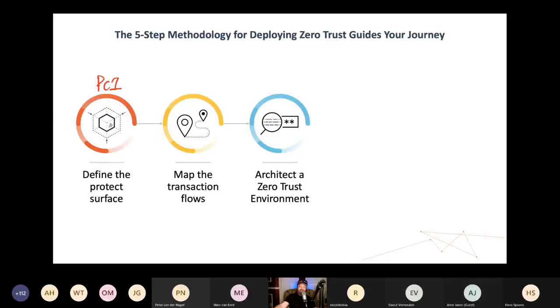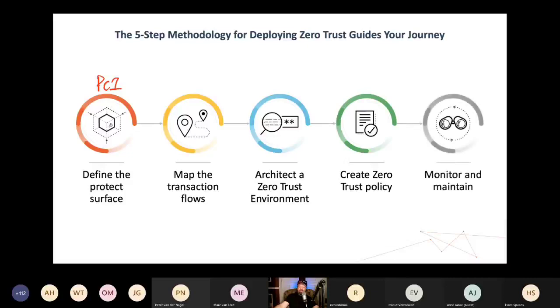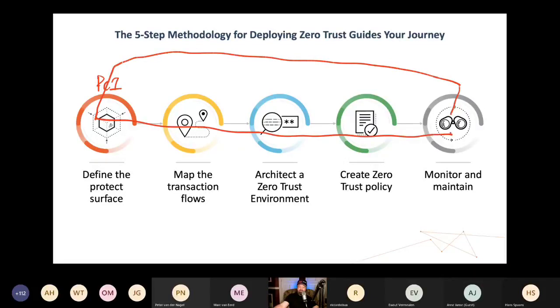No, you can't do that. You have to know what you're protecting before you know what controls need to be there. And then after that, we create the policy. Remember, I said zero trust is ultimately a layer 7 policy, and I'll talk a little bit more detail about that in a moment. And then finally, we monitor and maintain the environment so that we take all of the things we learn, we re-inject it back into the system.